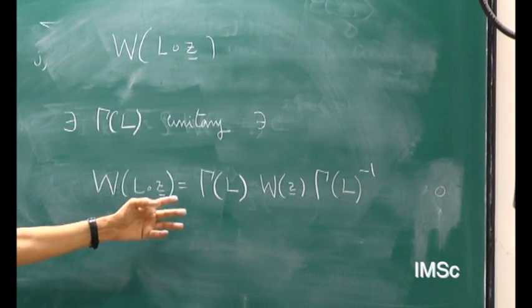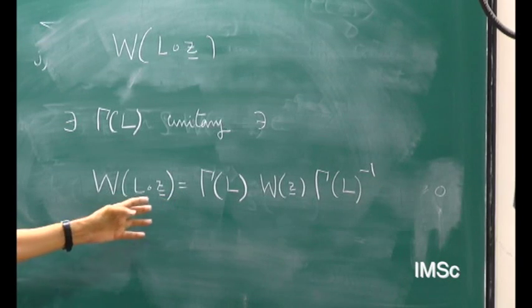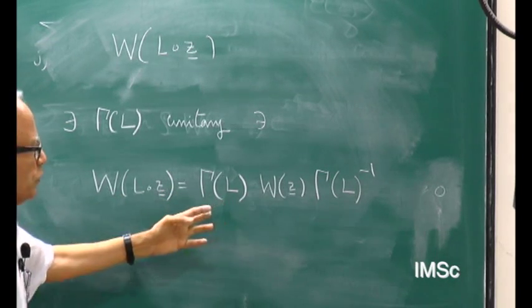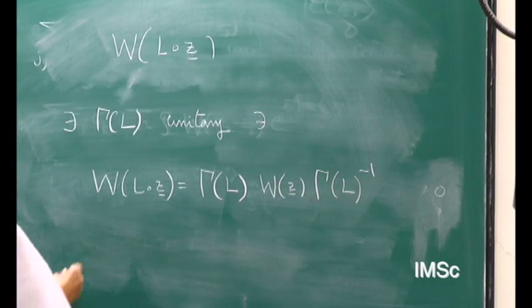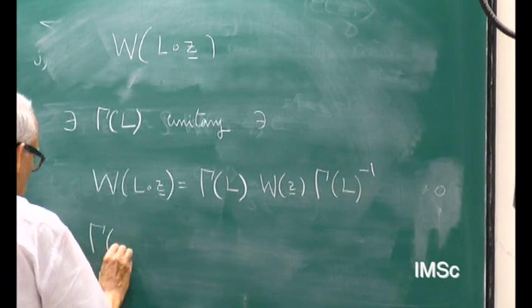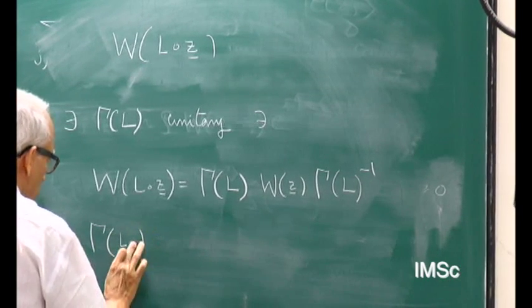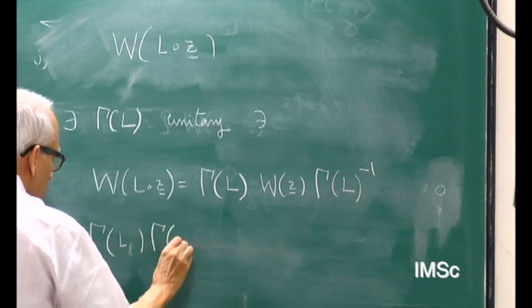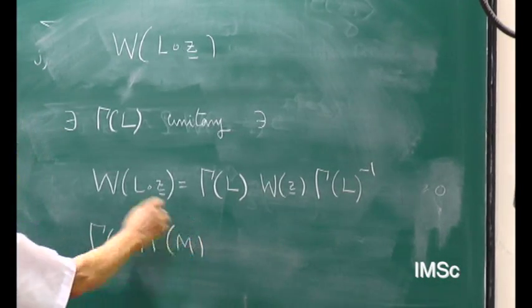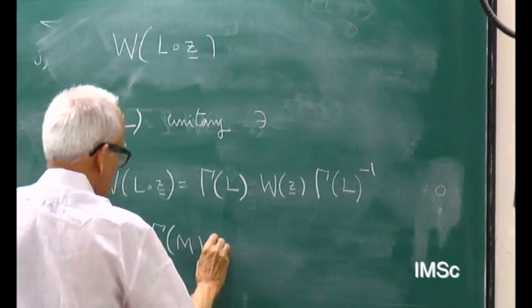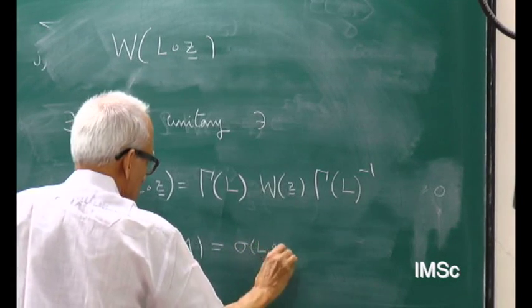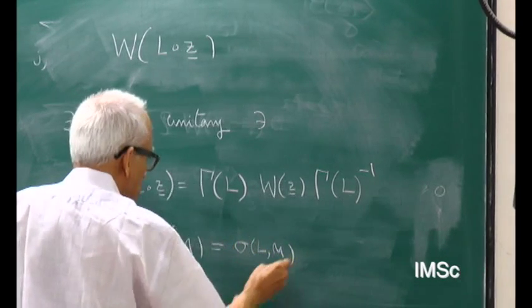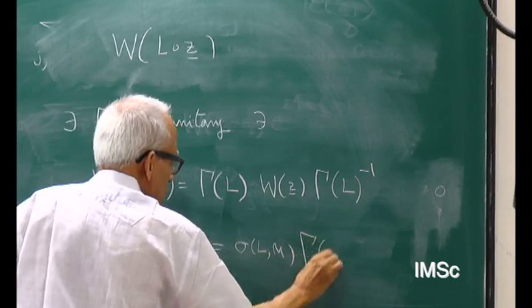And the irreducibility shows that gamma L is unique up to a scalar multiple of modulus unity, and you will have gamma L gamma M for any two such symplectic matrices, that is some scalar sigma(L, M) there which you cannot dispose of, such that this is gamma LM.